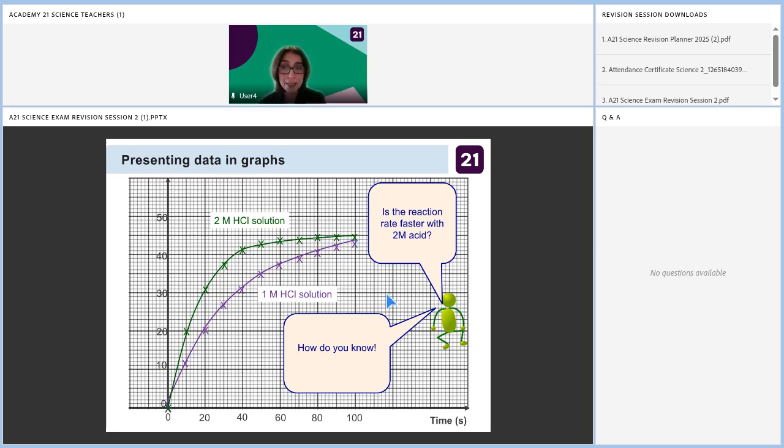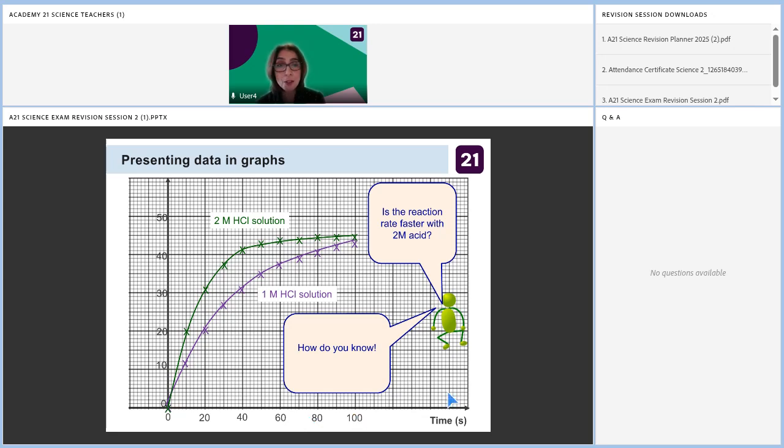Now you can clearly see both lines, one for the 1 molar and one for the second. Notice here that the labels are on: time in seconds and volume of gas in centimeters cubed. It's not been missed off that axis. And you put your numbers on very clearly there as well.